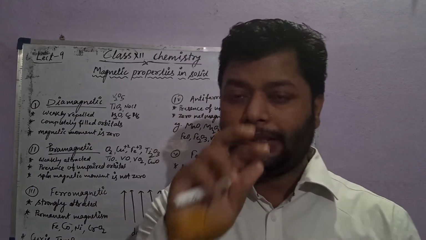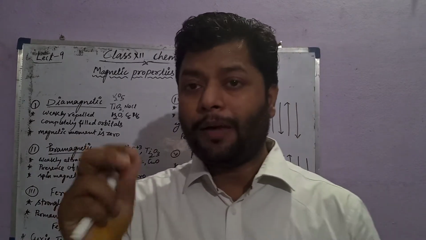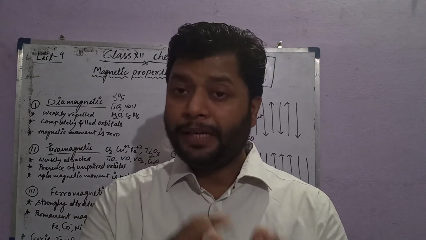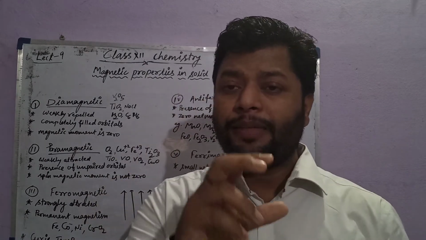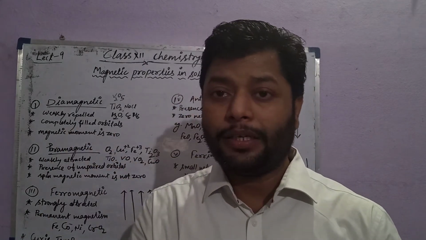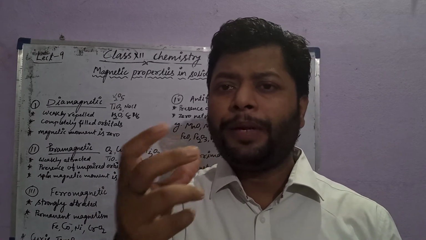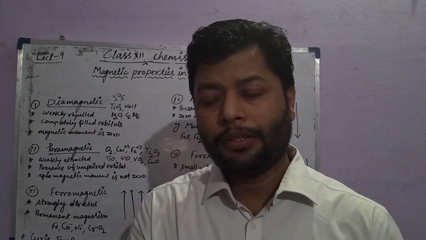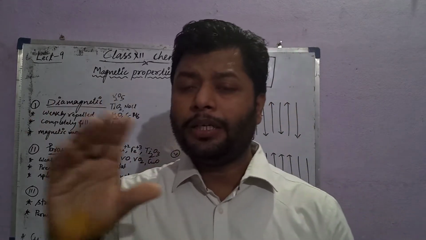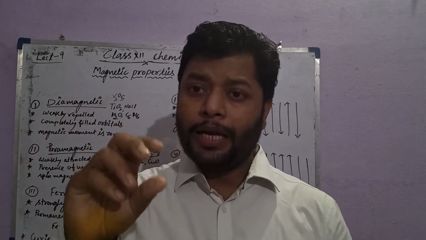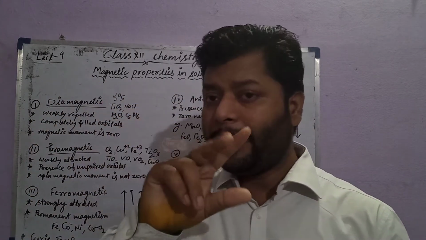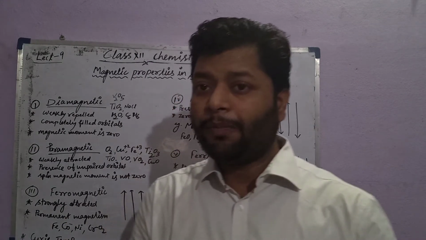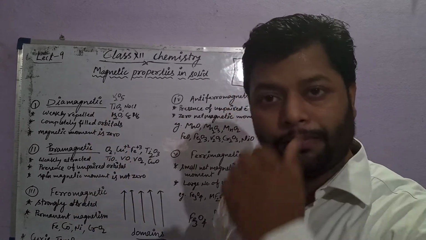If the substance, atom, molecule or compound has completely filled orbitals, or if it has some unpaired orbitals, meaning unpaired electrons are there. On the basis of completely paired orbitals and some unpaired orbitals, we can majorly differentiate magnetic behavior into two different types.